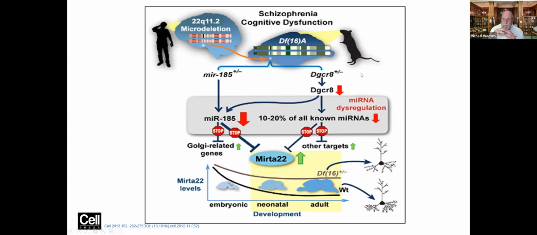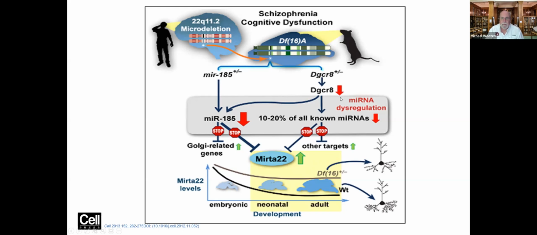It turns out that what's located there, both on humans in 22 and mice on 16, are these genes that are critical for early development, embryonic development of the neural system. And the way it works is through these microRNAs. The genes that are affected here are the DGCR8 gene, which is downregulated, it's cut down.